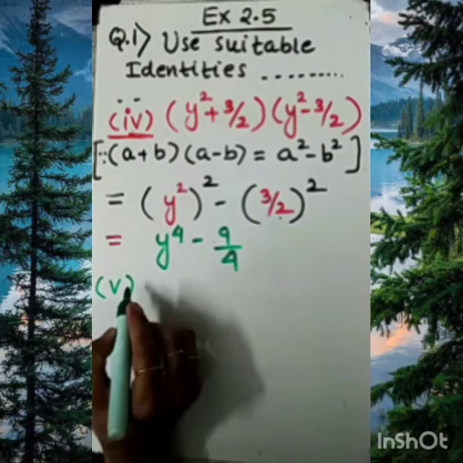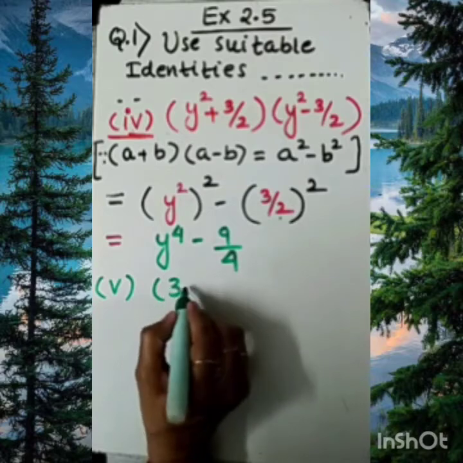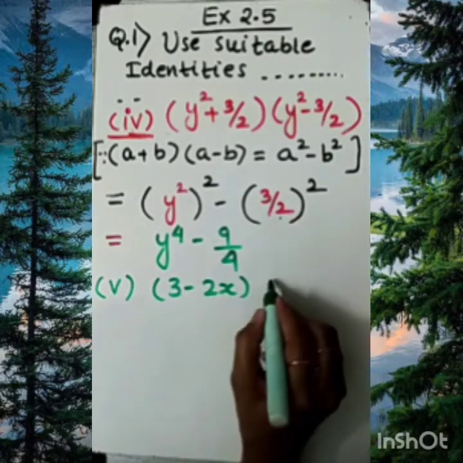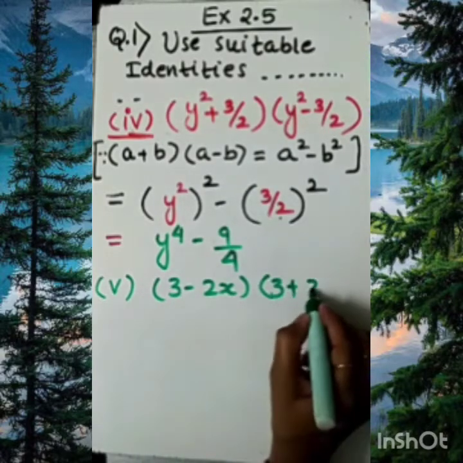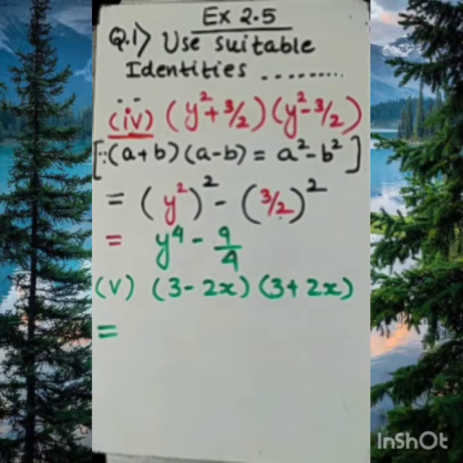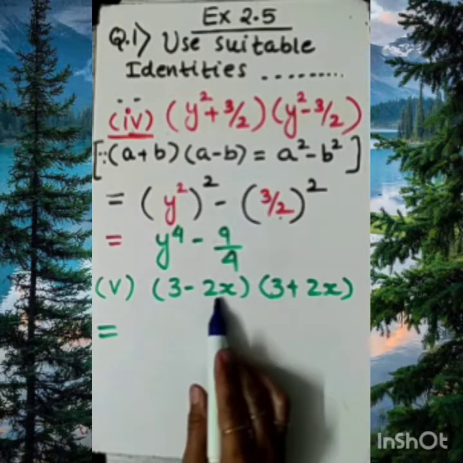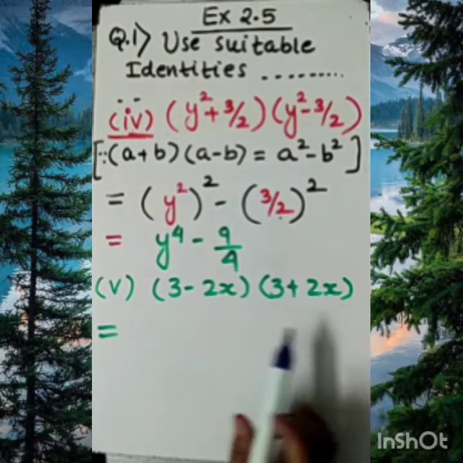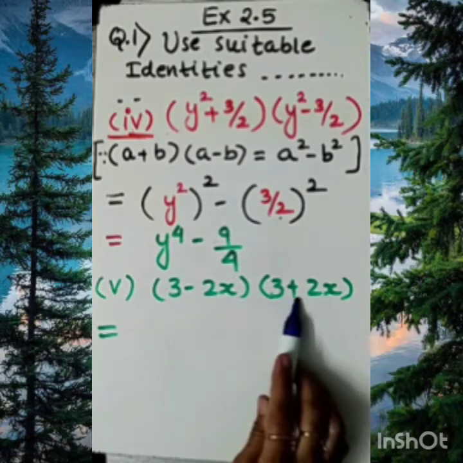Let's work out the fifth. The fifth we are given is 3 minus 2x and 3 plus 2x. Fine? It is quite easy. Here also you can see, dear student, the first term and second term are similar in both the brackets, only and only the sign is different. Here it is minus, here it is plus.